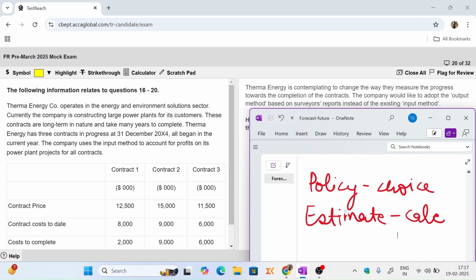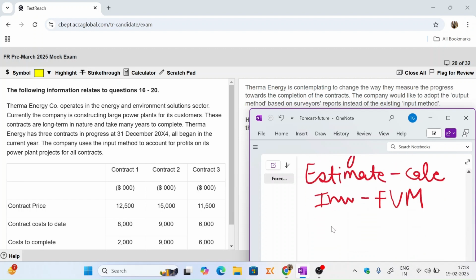Another very good example of how you will always remember the difference between policy and estimate is whenever you're talking about investments. Let's suppose for my investments, I am choosing the fair value method to value my investments. This is going to be an example of policy. I have decided as a policy that I will use the fair value method for the valuation of my investments.